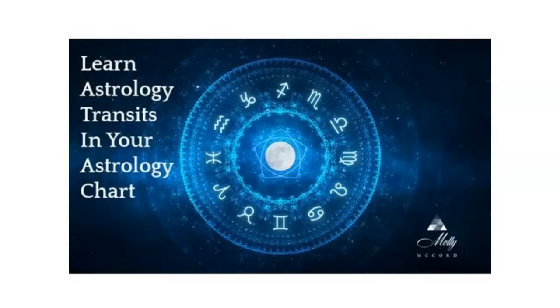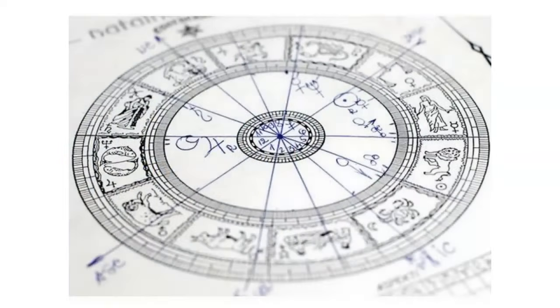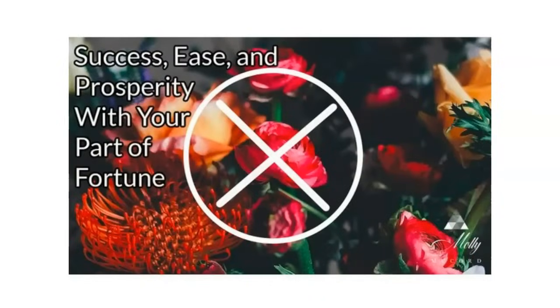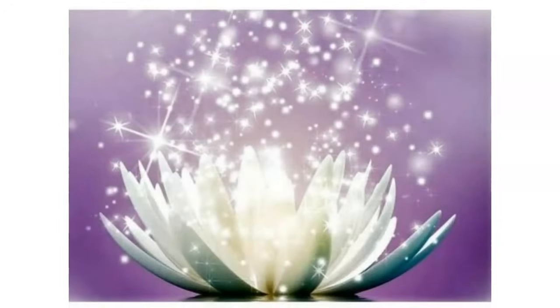So let's say, for example, you have your part of fortune at 28 degrees of Scorpio. Well, that would mean that when the sun in Scorpio moves across that point in your chart, meaning every year when the sun is at 28 degrees of Scorpio, it's conjunct your part of fortune, which shines a light on those energies and opens up more of what you want to connect with through that part of fortune energy signature.